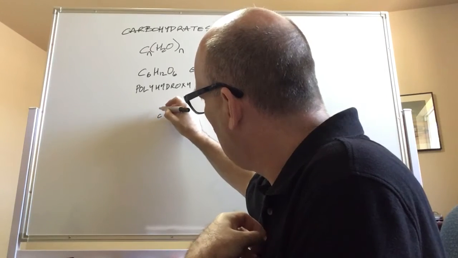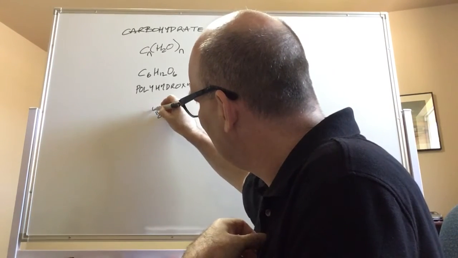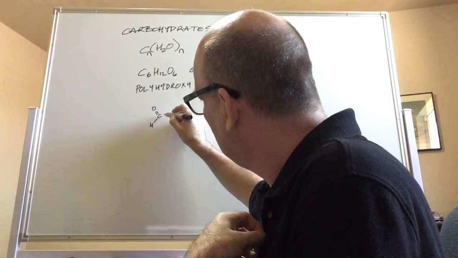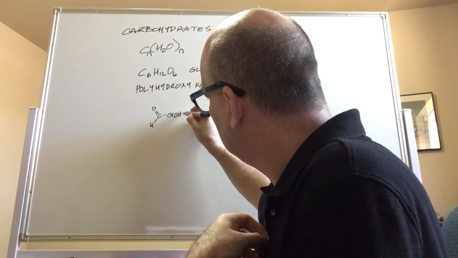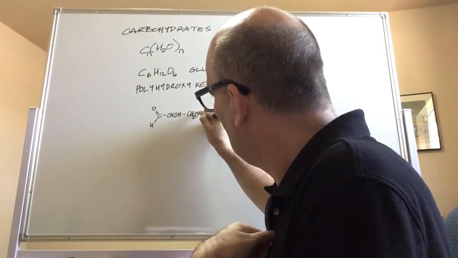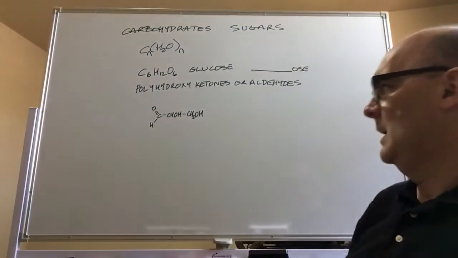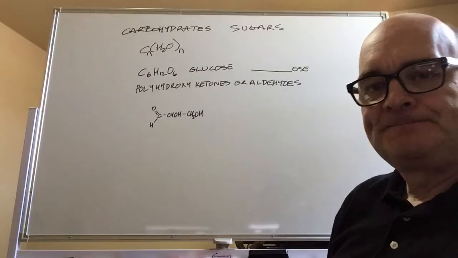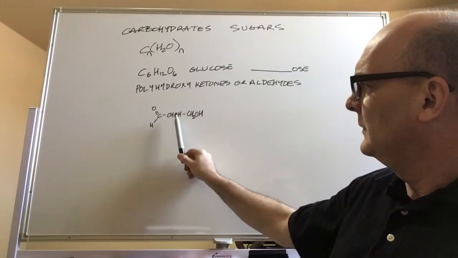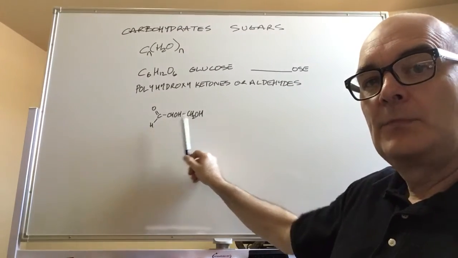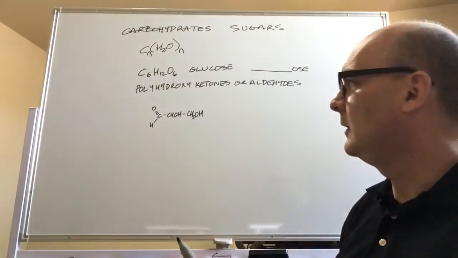And glyceraldehyde has this formula. There's an aldehyde, there's a secondary alcohol, and then there's a primary alcohol.